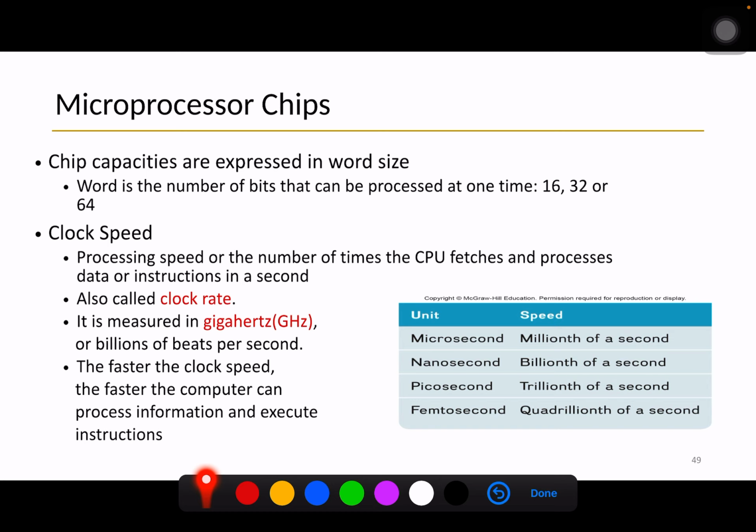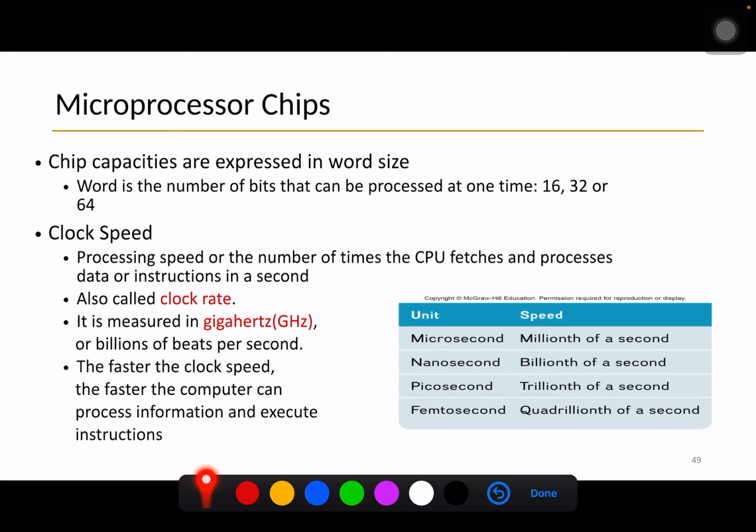Here we say the chip capacities are expressed in word size: 16, 32 or 64 bit. 16 bit, 32 bit, 64 bit means how long a data can be processed by the computer. 16 bit means the length is 16 bits, meaning the data consists of 16 numbers. 32 means 32 bits, 64 means 64 bits.